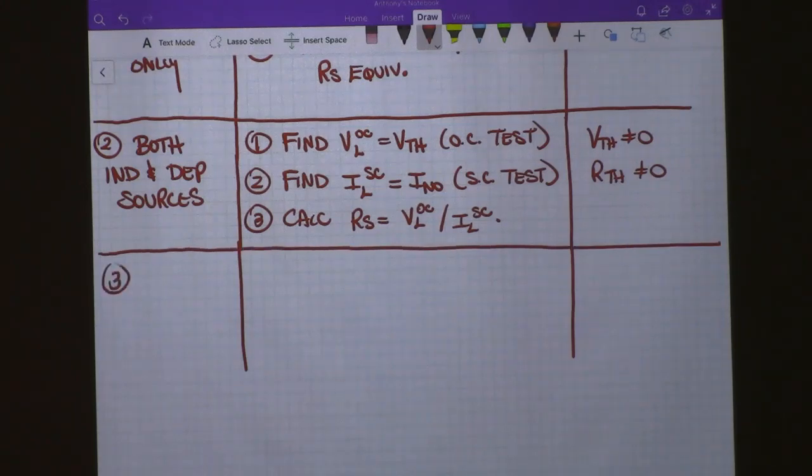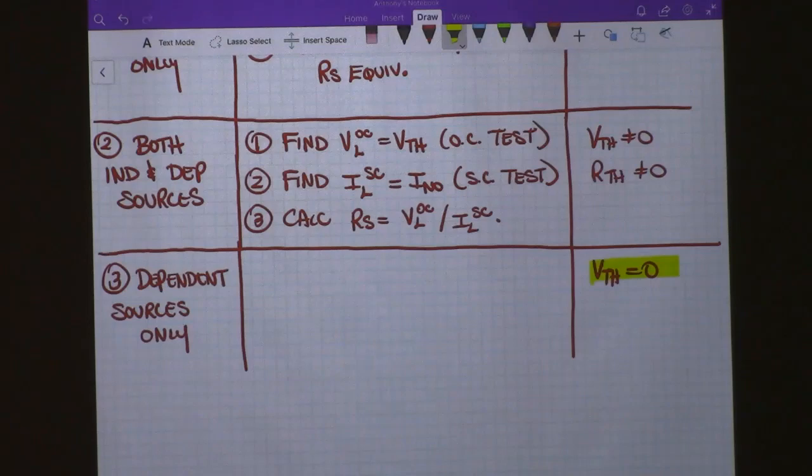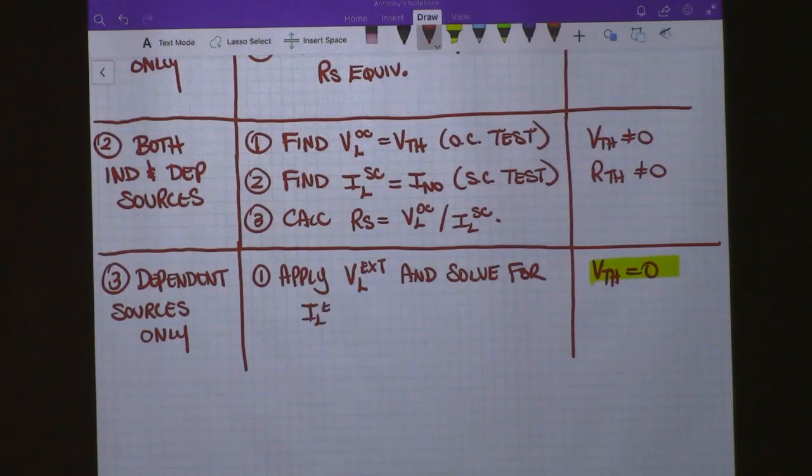And then we get down to the third case, which is dependent sources only. So the first thing, probably the most notable thing here, is that V Thevenin will be equal to 0, right? And so our steps are going to be to apply VL external and solve for IL external.